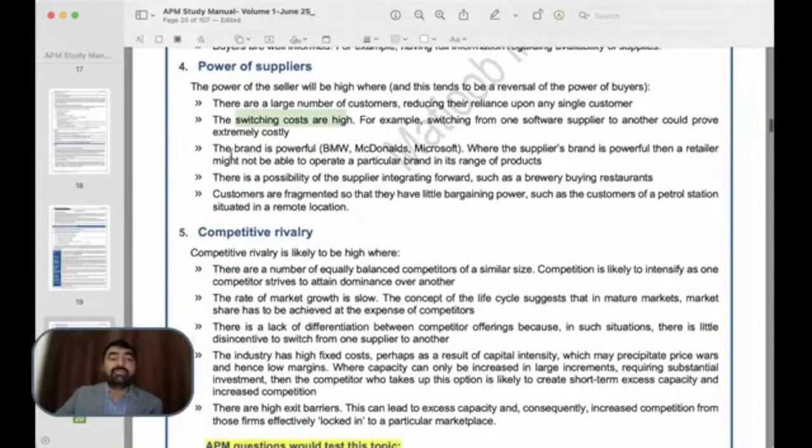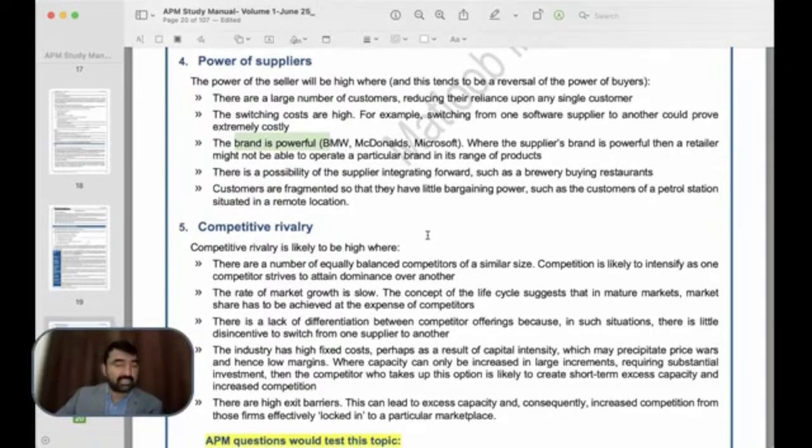There are brands, for example, BMW, Microsoft. So if the supplier brand is powerful, then a retailer might not be able to operate a particular brand in a range of products. Yes, we have seen a lot of manufacturers who are so powerful that they would influence their dealers.